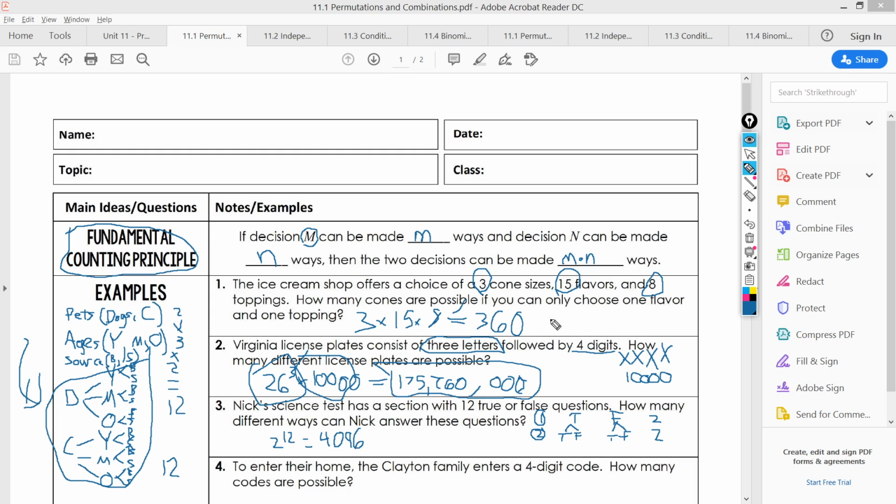So this is really interesting to me because you have a science test. It's just 12 true or false questions. And so you might think, how many combinations are there? But it turns out that if you all took a science test and you randomly selected true and false, the probability of 2 of you having identical answers is very slim, right?